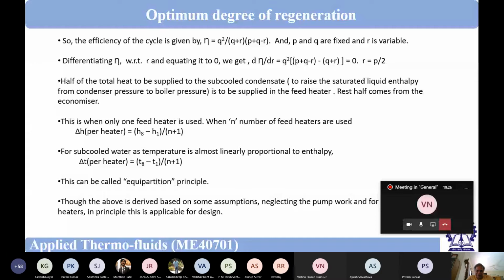So if we know the condenser temperature and the boiler saturation temperature, then when we are heating the subcooled water, we are raising its temperature from the saturation temperature of the condenser to the saturation temperature of the boiler. And if there are n plus 1 heaters, including the feed water heaters and economizer, then the temperature rise in each of the heaters will be delta T, the total temperature rise divided by n plus 1.